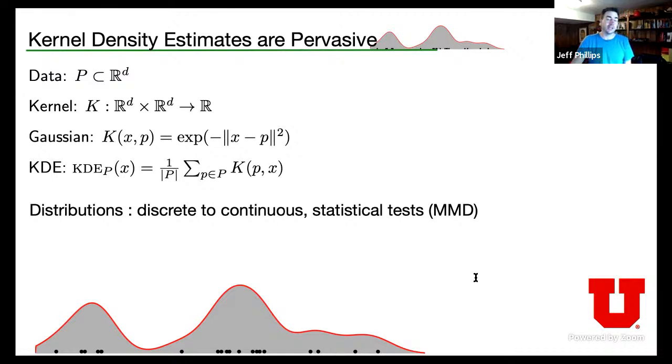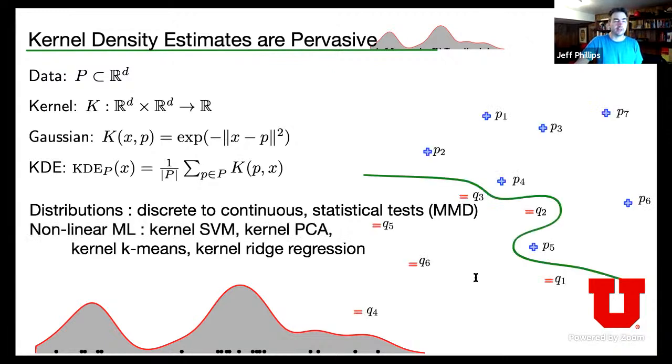This was really the large focus of statistics in the 70s, 80s and 90s: turning a discrete distribution into one that's continuous. There are a bunch of statistical tests, say based on the maximum mean discrepancy and kernel distance. It's also the foundation of most of nonlinear machine learning: kernel SVM, kernel PCA, kernel k-means, kernel ridge regression.